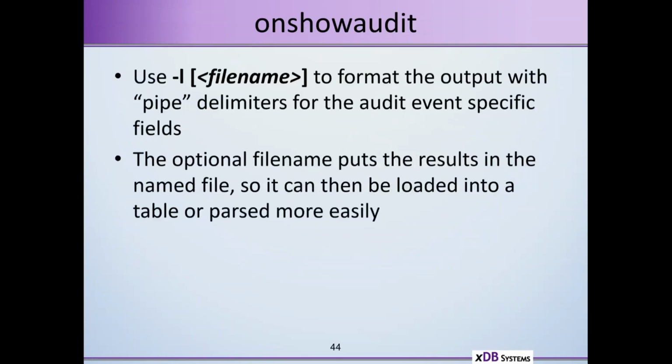You can use the -L option. That will change the format of the audit strings. I said how everything is pipe delimited, apart from those last few fields that are colon delimited. If you use -L, it'll put in a pipe in that last field, which makes it a little bit easier to parse or to load into a table.